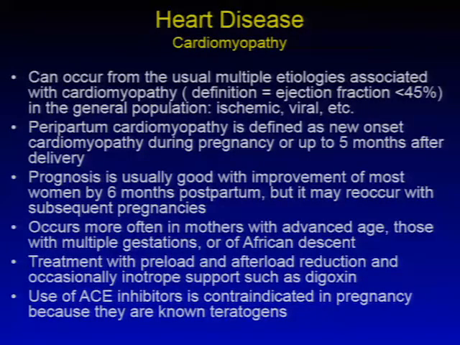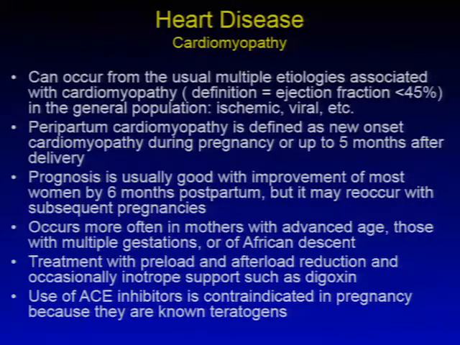Cardiomyopathy may occur from the usual multiple etiologies associated with it. It is defined as maternal ejection fraction less than 45%. Peripartum cardiomyopathy is defined as the new onset of cardiomyopathy during pregnancy or up to 5 months after delivery.